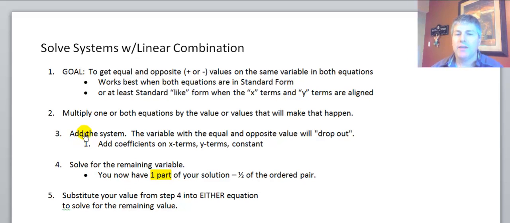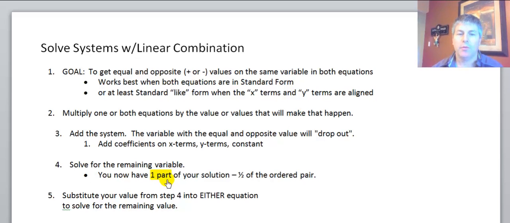Then, once we have equal and opposite coefficients on one of the variables, we can add the system. The variable with the equal and opposite value will be eliminated or drop out. We do that by just adding the coefficients on the x terms, the coefficients on the y terms, and the constant. Then we solve for the remaining variable, which gives us one answer.